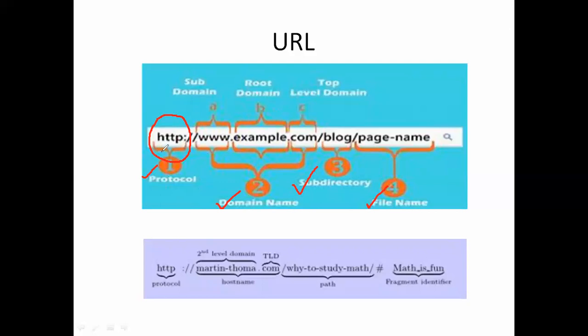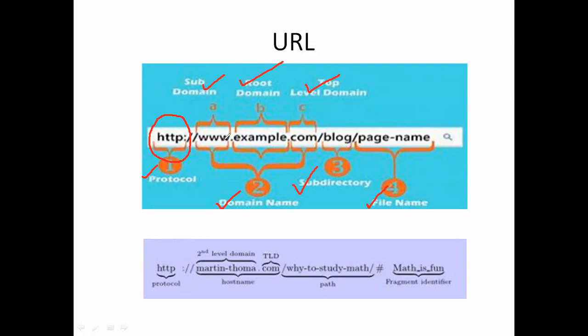The second part of the URL is the domain name. It is divided into three parts: subdomain, root domain, and top level domain. Subdomain means World Wide Web. Root domain may be a host name, that is, the name of the host.